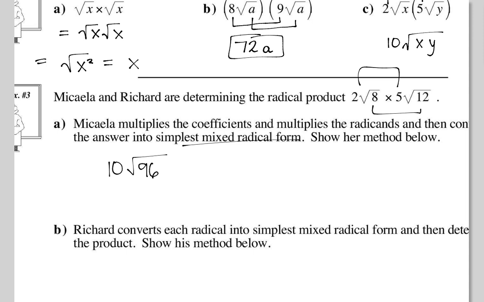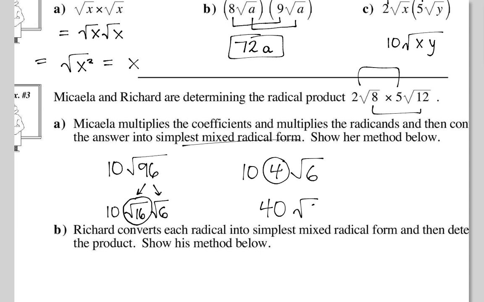And then you're left with 6. Beautiful. So you go root 16 and root 6. And then what does the root 16 become? Good, a 4. And then what does the 10 and 4 together make? 40. So here's the final deal.